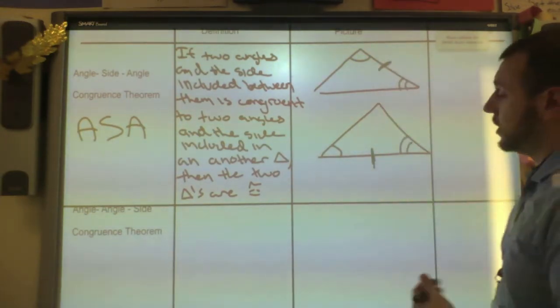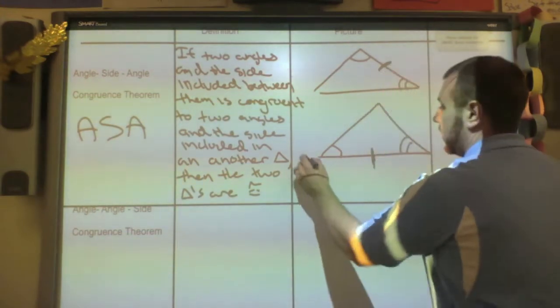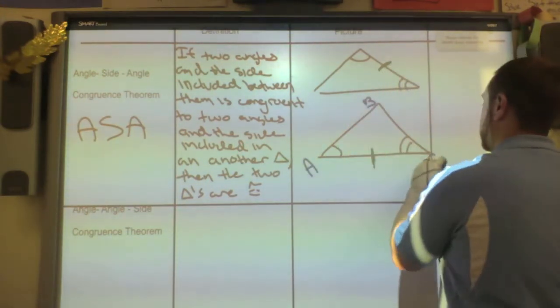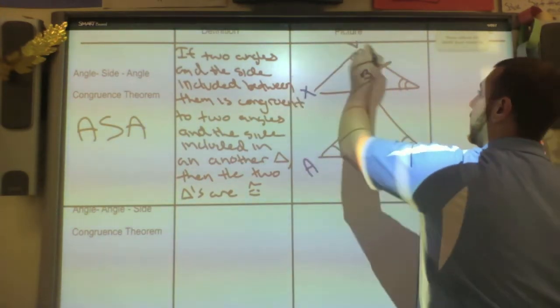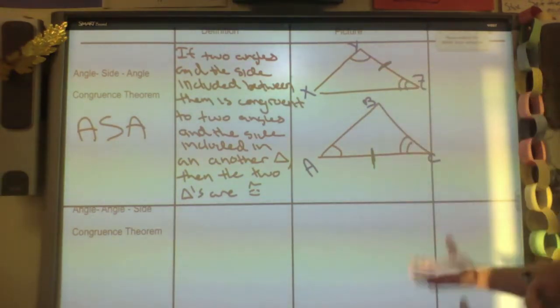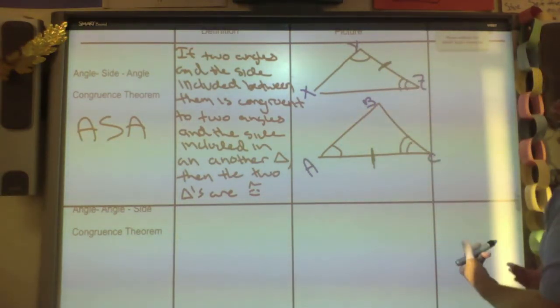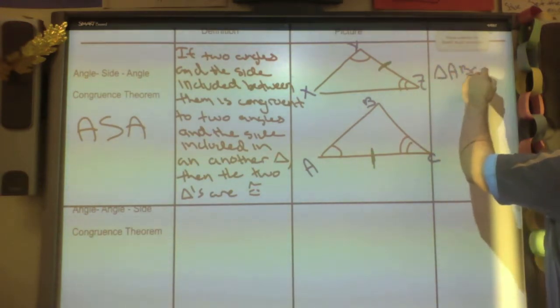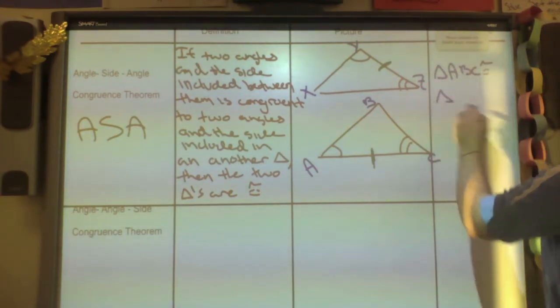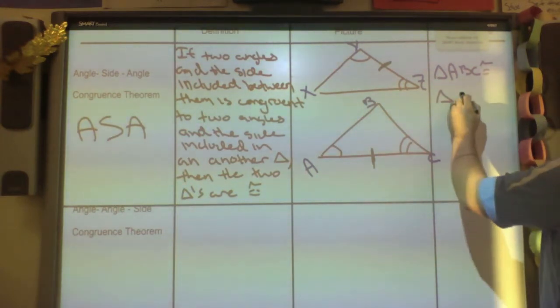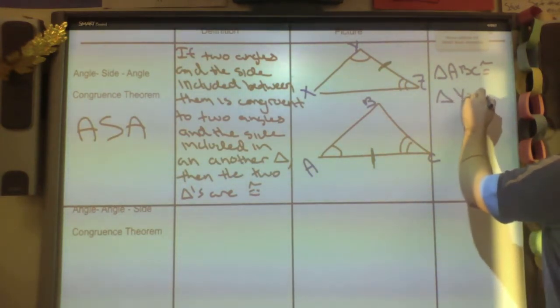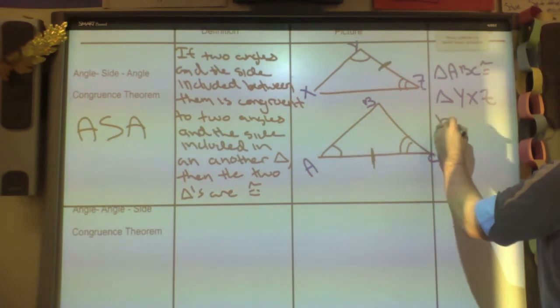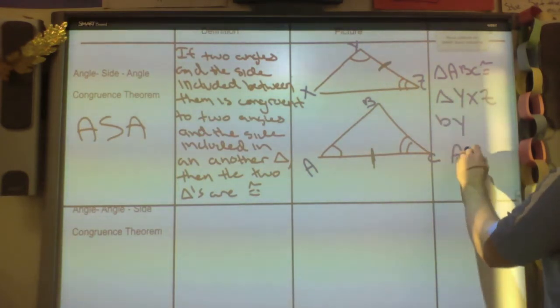I'll label these A, B, C, X, Y, Z. So how do you solve it? All I state is triangle ABC is congruent to triangle YXZ by angle, side, angle.